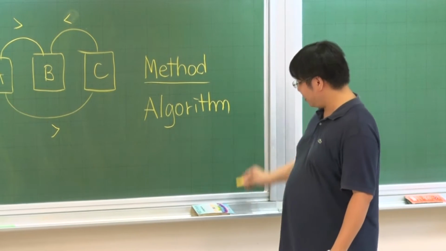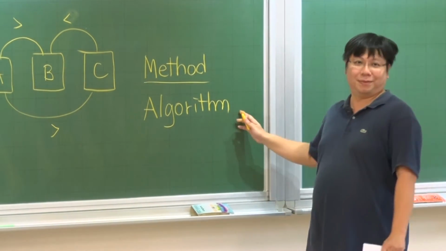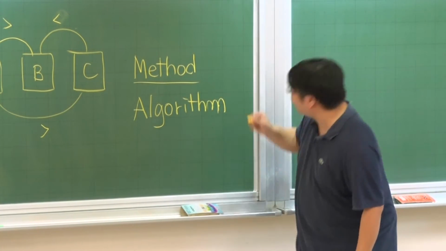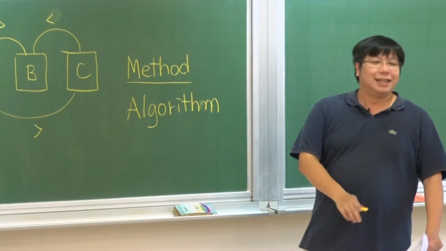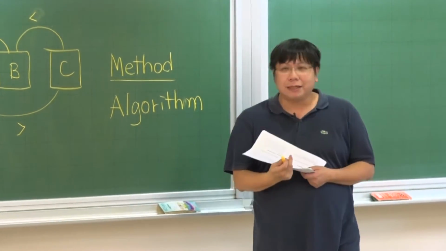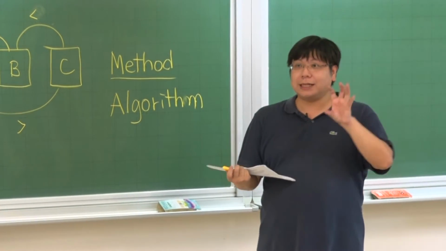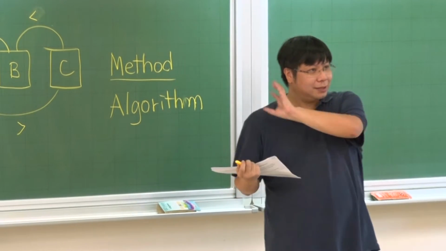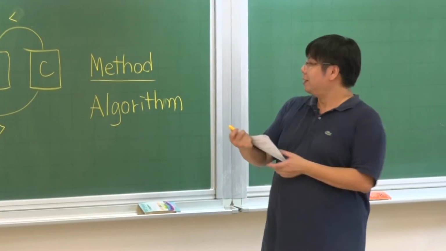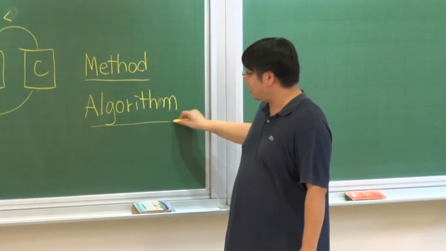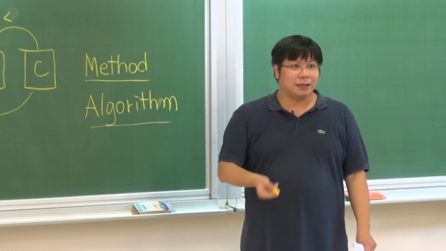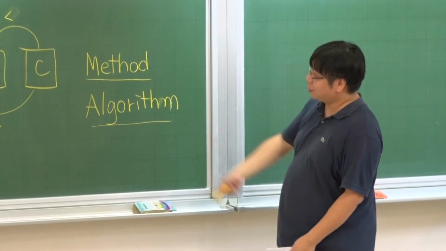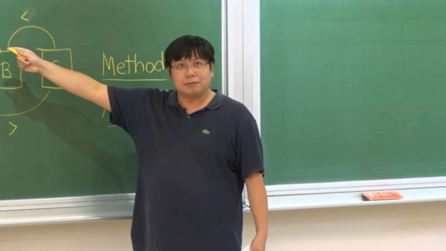So an algorithm means a well-defined sequence of steps that you can ask someone to do to solve a problem. If the sequence of steps can be carried out using paper and pencil, then this will also be perfect.